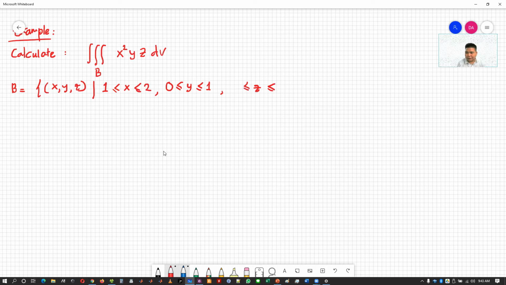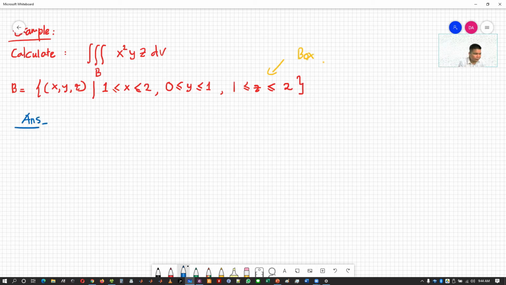Remember, this is a box. By using this, we know that this is a box, and we just simply calculate it.